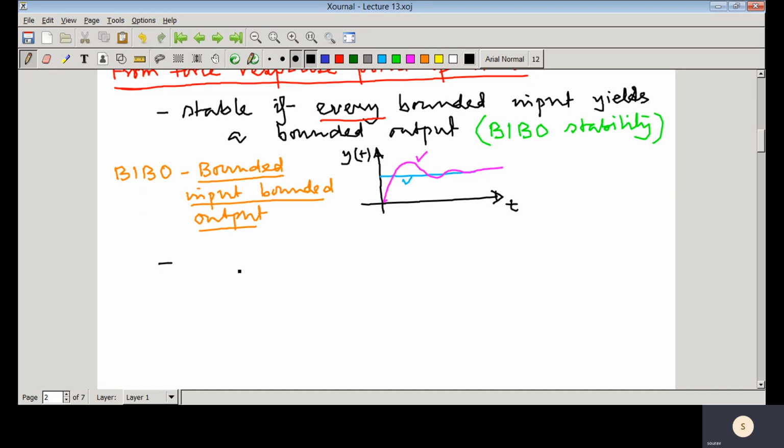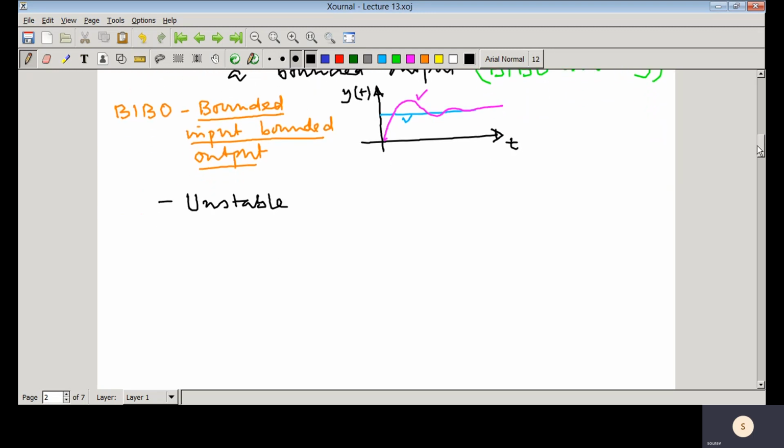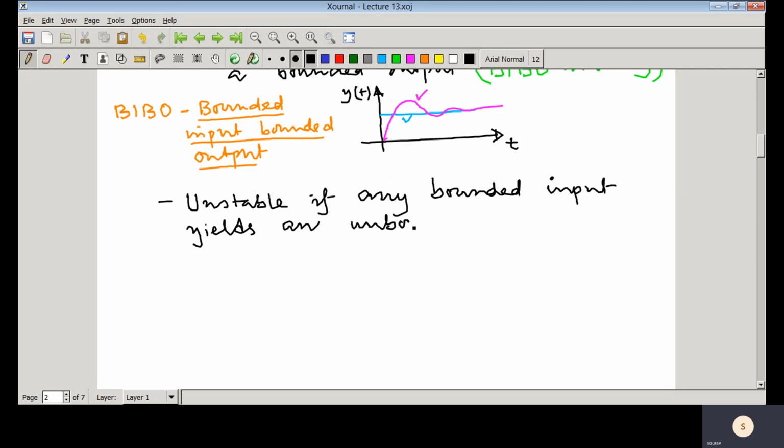Now, when is it called unstable? It is unstable if for any bounded input we get an unbounded output, then it is called an unstable system.